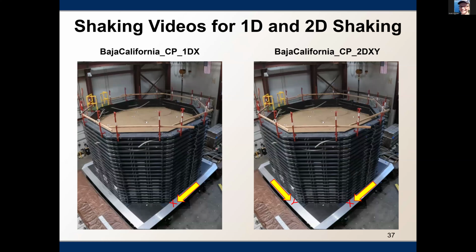So I'm going to show some shaking videos for 1D and 2D shaking. This is the Baja California motion at CP station. The left one is 1DX, so this is the X direction. And the right one is the 2D, so this is the Y direction and X direction. So yeah, let's see this video.